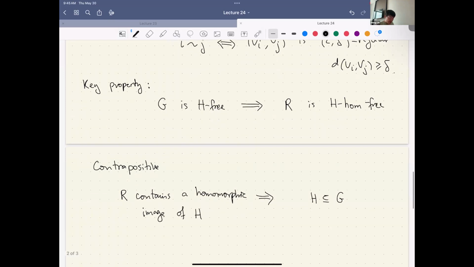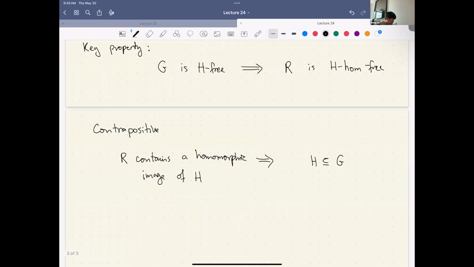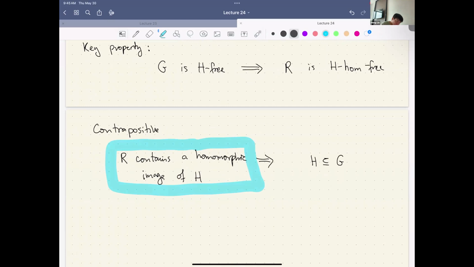Let's rephrase it again. What does this mean? This condition is the same as H being contained in the blow-up of R by s.